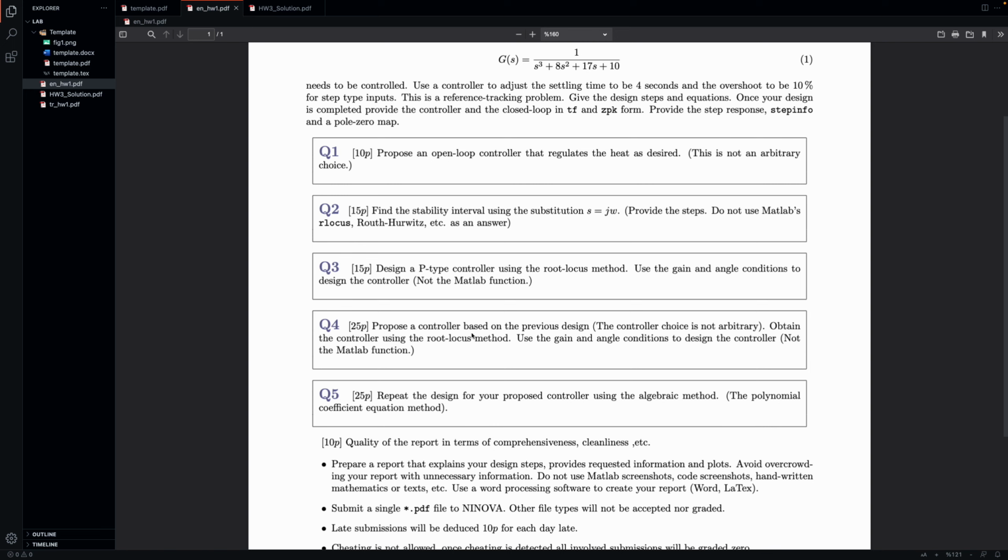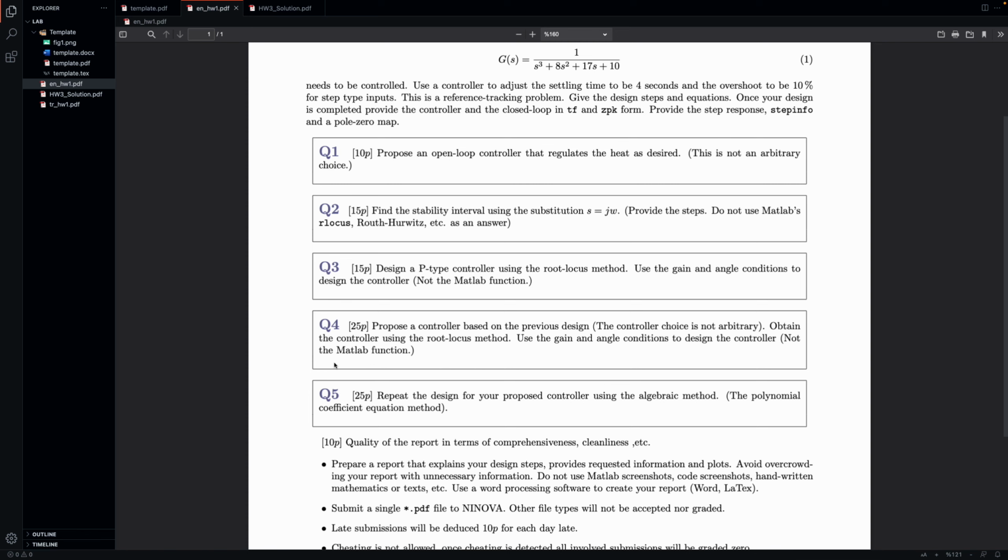Now here we are going to use the gain and angle conditions again. So again, we are designing it using the root locus method, and again, not the MATLAB function. Q5 is basically a repetition of Q4, but with the algebraic method.